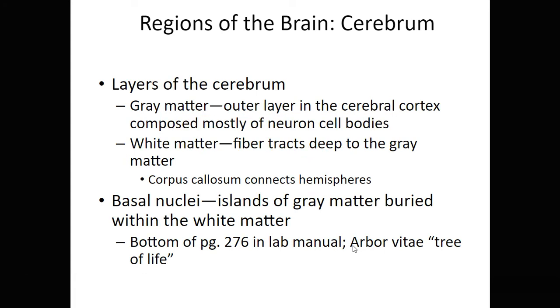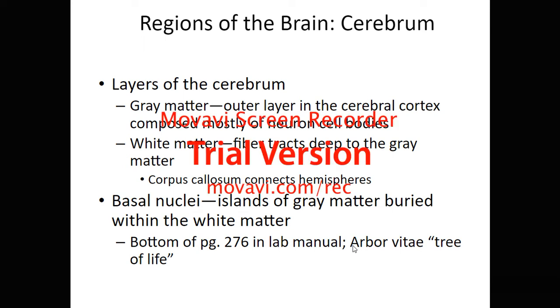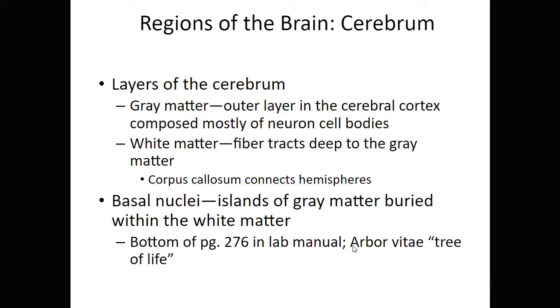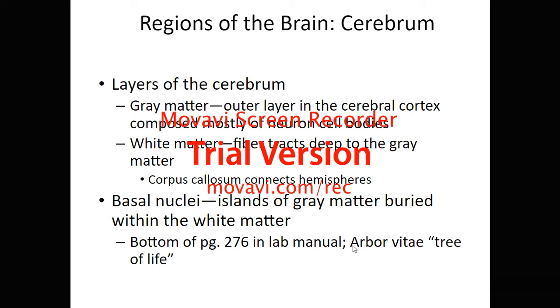I don't believe I have an image of it in the slides, but if you did a transverse cut of the cerebellum, you will see the gray matter on the outside and the white matter on the inside, and the white matter tracts look kind of like a tree. That's where the name comes from, arbor vitae, tree of life, because of the appearance. You can look in your lab manual on page 276 to see that arrangement.